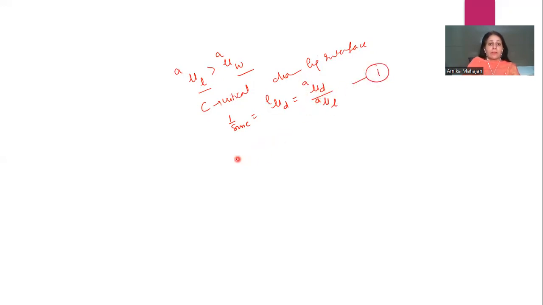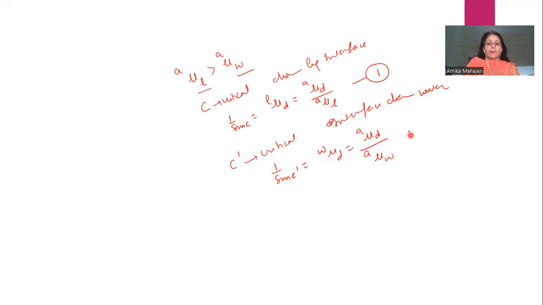This is the first equation. When C dash is the critical angle, when I talk about this interface, which interface? Diamond and water. When water is the medium. So 1 by sine C dash will be this, water mu D. So it will be the ratio of refractive index of diamond divided by refractive index of water with respect to air.